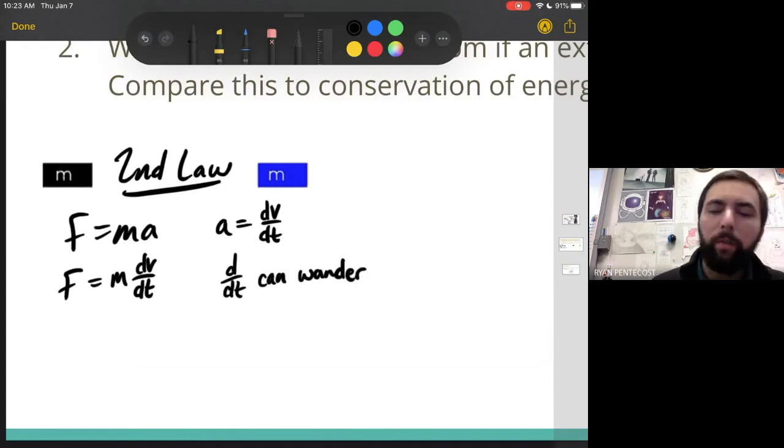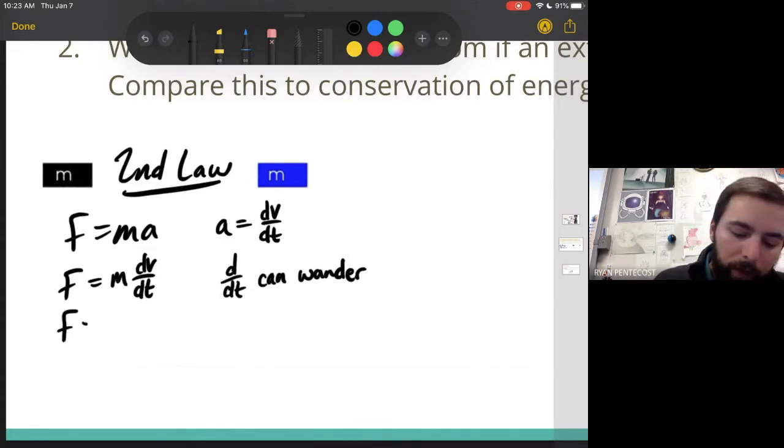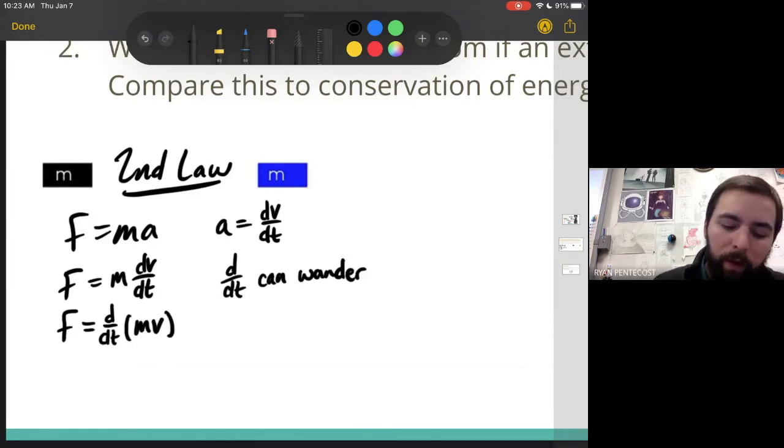Since everything is multiplied together, the order of multiplication and division doesn't actually matter. So we can move that d over dt around and say that F is the derivative d over dt of mv. Take that v into the d over dt.